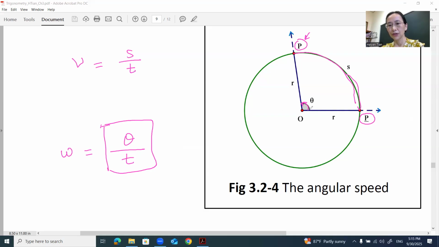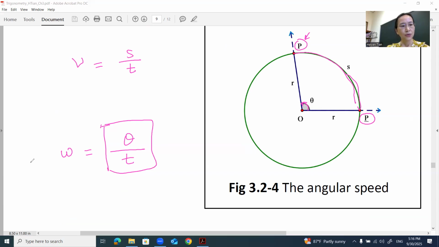In this amount of time, if the angle covered is theta, then per unit time will be theta over t, that ratio. So this is the angular speed. Now with the two definitions, we can calculate linear speed and angular speed as long as we know this information.